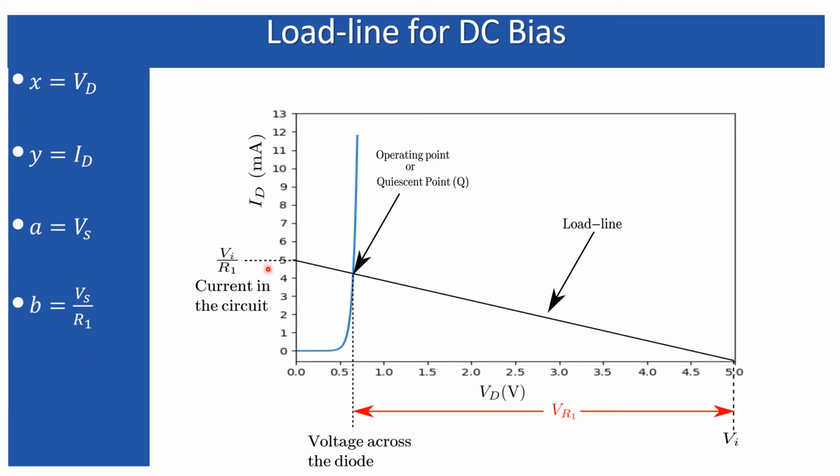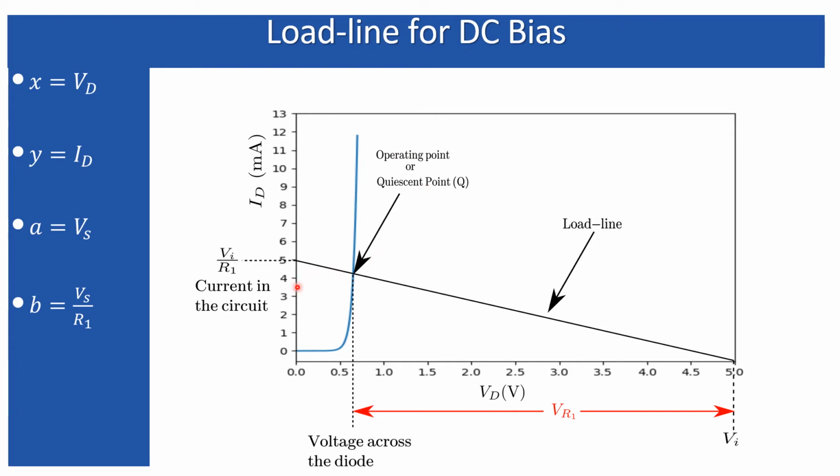Look how this picture also is showing you that no current will flow. When R1 is infinite, Vi by infinity will be 0, and this intersection point will come down over here, representing a 0 current through the circuit, because the amount of current which is flowing through the circuit is represented by this intersection point, which is known as the Q point or quiescent point.